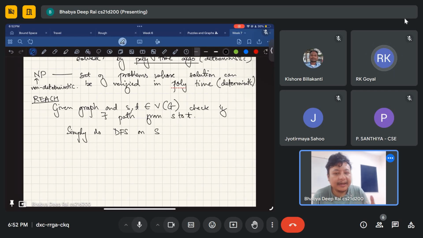You get a tree on S, and so on, and somehow if T is reachable, then definitely it will be visited by the DFS algorithm. DFS will never skip it. Simply do DFS. If there exists a path from S to T, then T will always be reached.